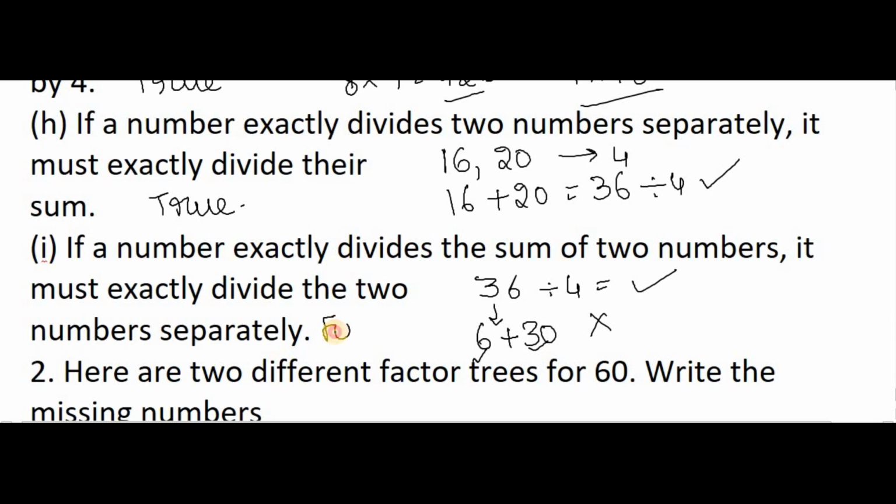So that is the reason this answer is false. Whatever the sum of two numbers you are dividing, it is no need that the numbers be divisible by that number separately. Okay, students, this is about your true or false.